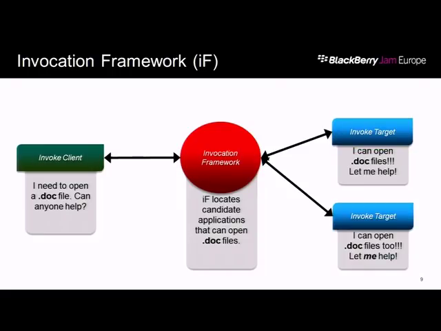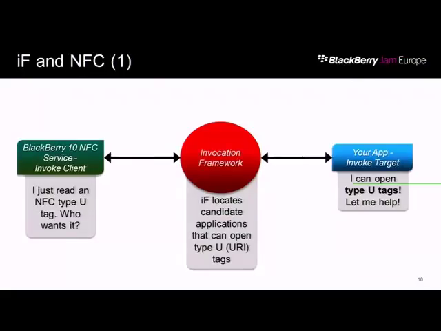So it's important to get the roles, client and target, because your application may adopt one or other of those roles simultaneously at any time, depending on what service you're talking to. Get your head around the Invocation Framework. It's fundamental to making things easy and developing really cool applications on BlackBerry 10, because somebody else will probably have done what you want to do, so leverage it.